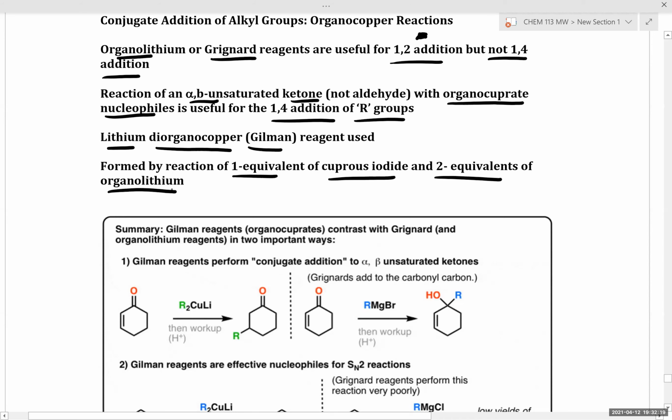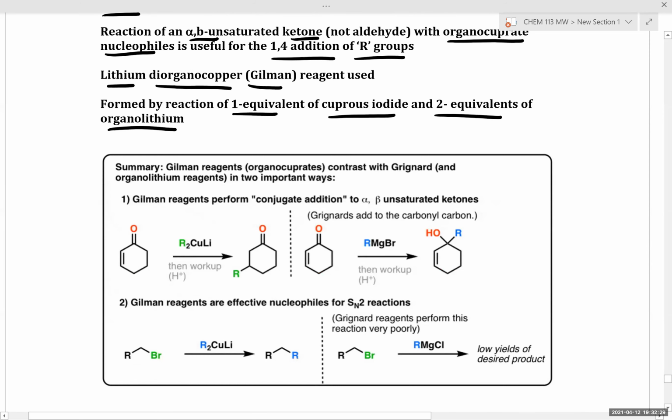So not the most atom efficient method, but it's very useful for getting the desired chemoselectivity. Gilman reagents are considered soft nucleophiles, and they preferentially add via the 1,4 addition pattern. Grignard reagents are hard nucleophiles and prefer to add in a 1,2 fashion.